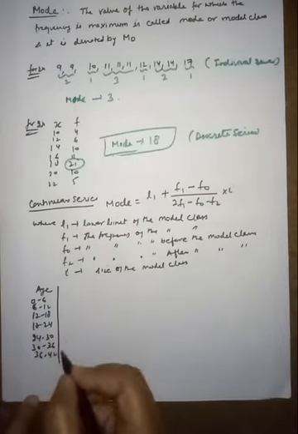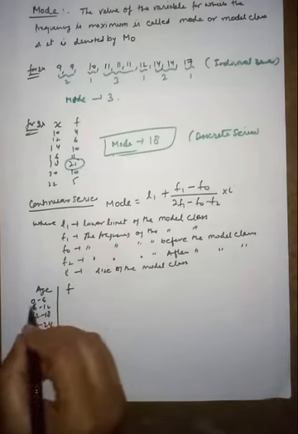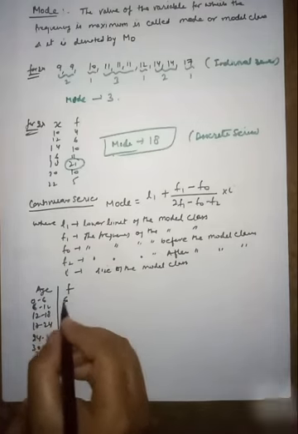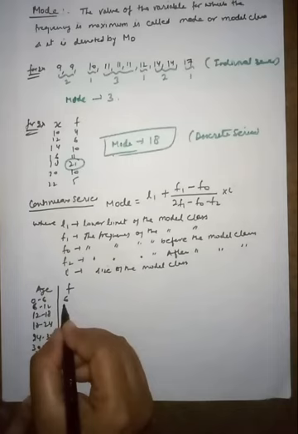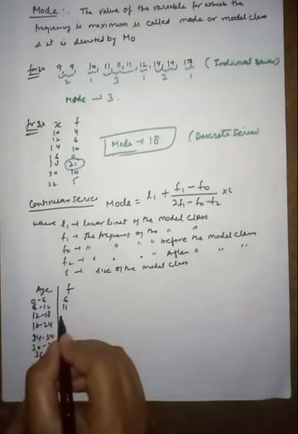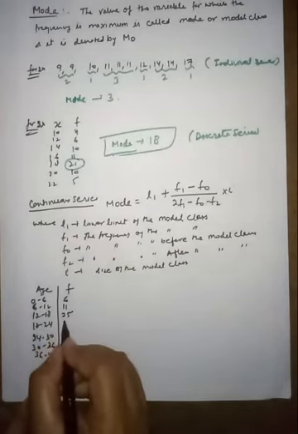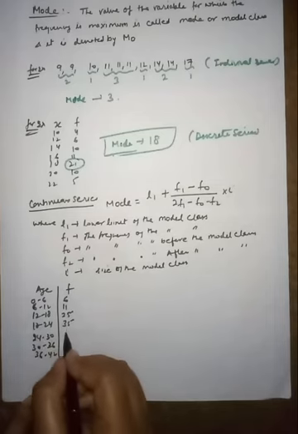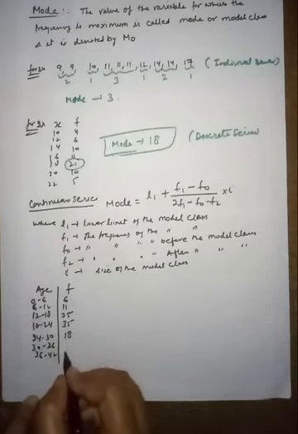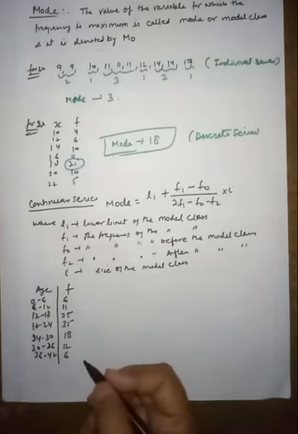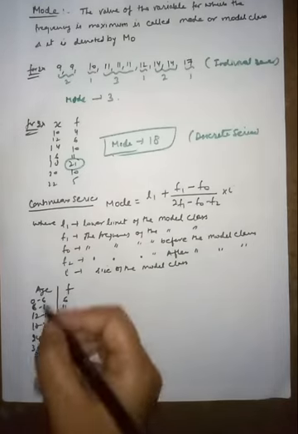And now take the frequency. Frequency for 0 to 6 is 6 people, 6 to 12 is 11, 12 to 18 is 25, this is 35, 18, 12, and 6. So this is the frequency of these 7 classes.